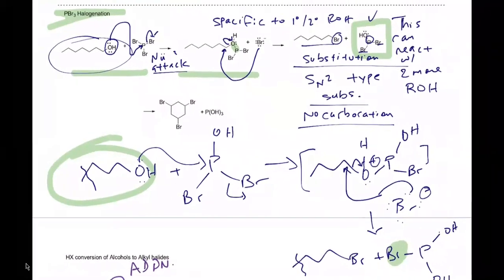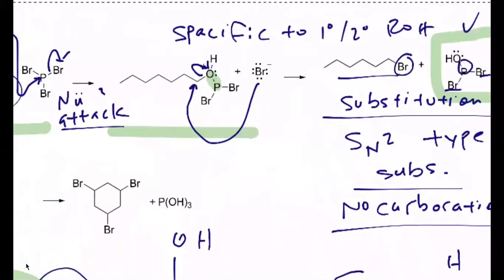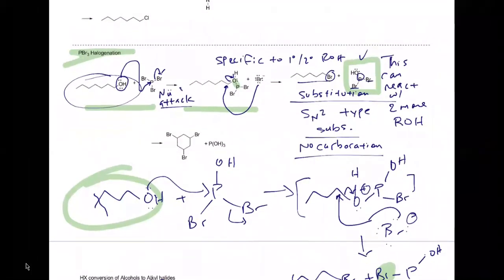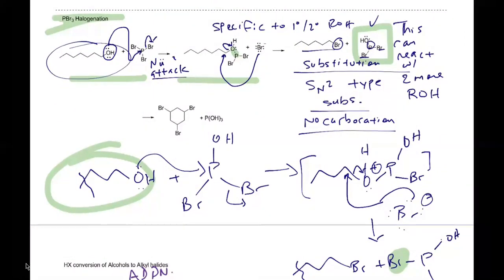Again, this is addition of PBr3, and it's specific to primary and secondary type alcohols. Why did my E get like that? All right, any questions?